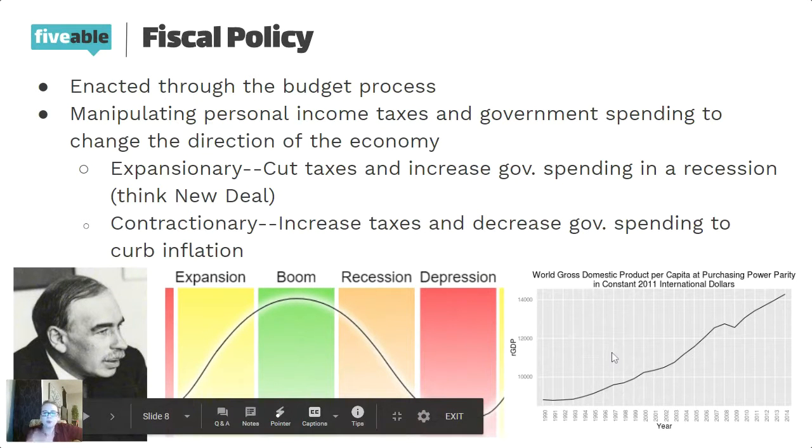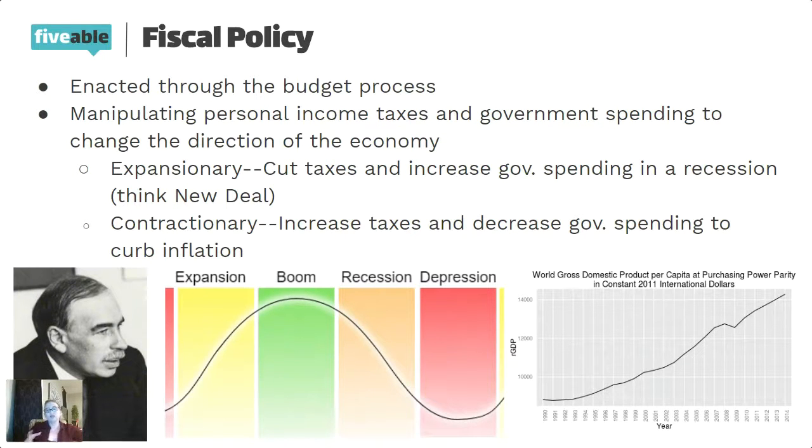But when we zoom out, what you see here, this is the graph on the right, is from 1990 to 2014. When you zoom out, you see that we don't have super high highs and super low lows, that we actually have this upwards trend of economic growth. And this is not just the United States, but this is the world's GDP.